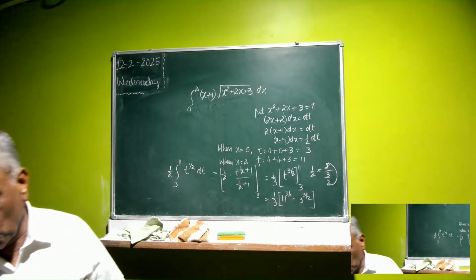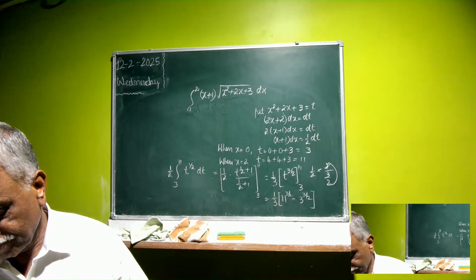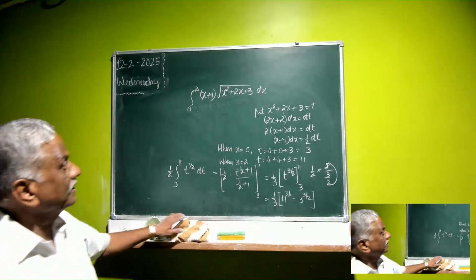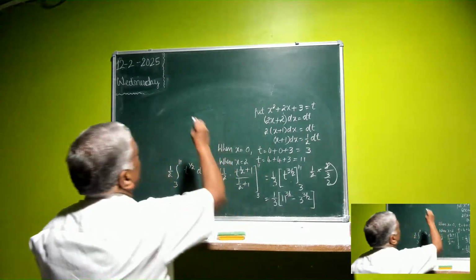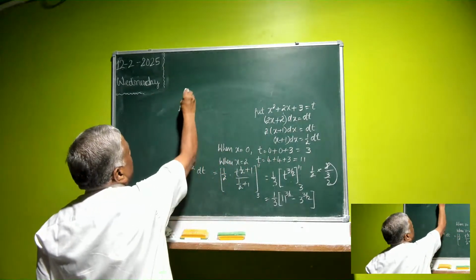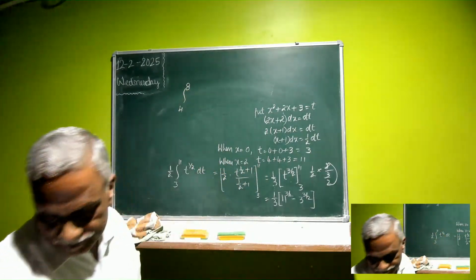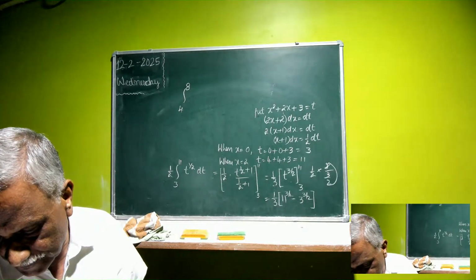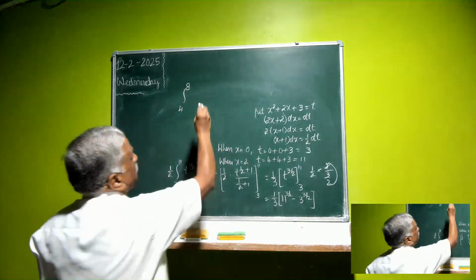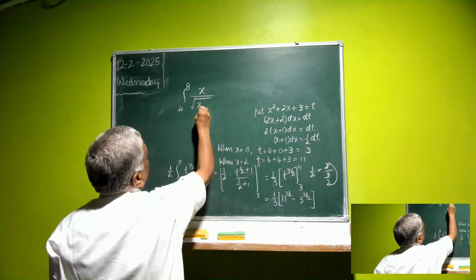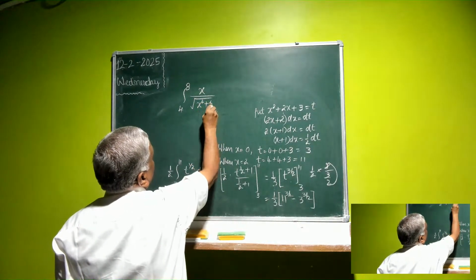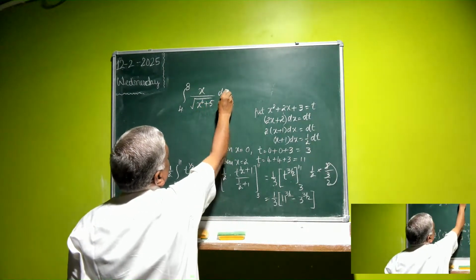Let me work one more problem of definite integrals. Integral 4 to 8, x over root of x square plus 5 dx.